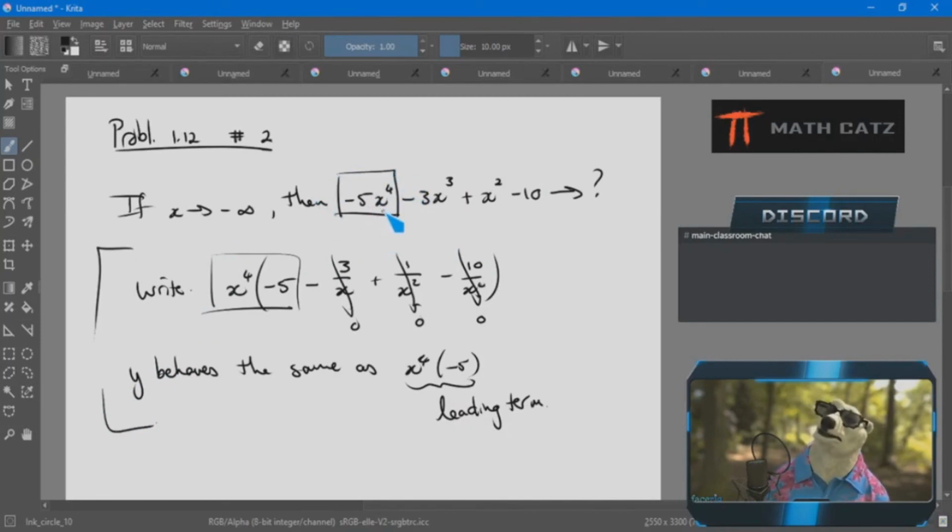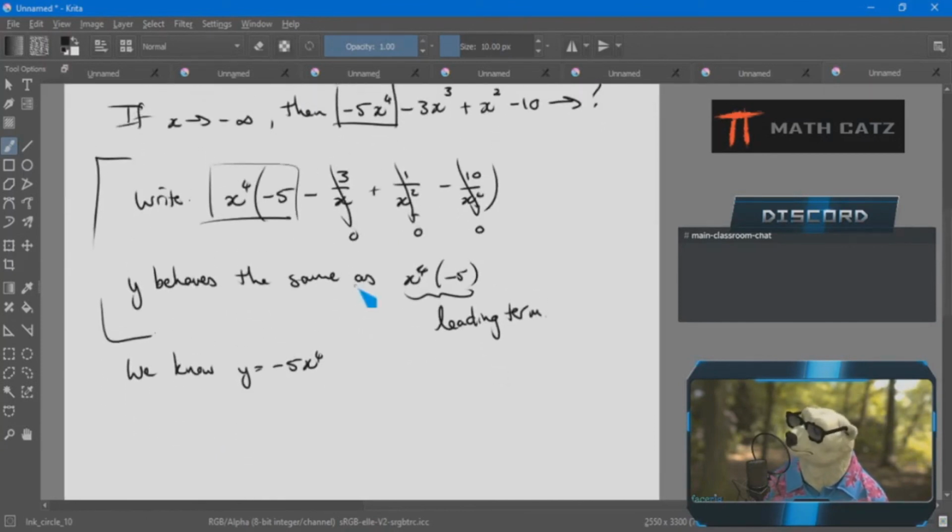And that leading term is a basic transformation of a function I should know. So now we know what -5x to the 4 would do, because it's just a basic transformation.